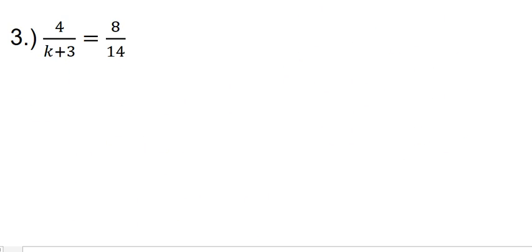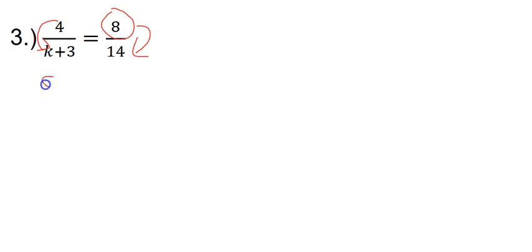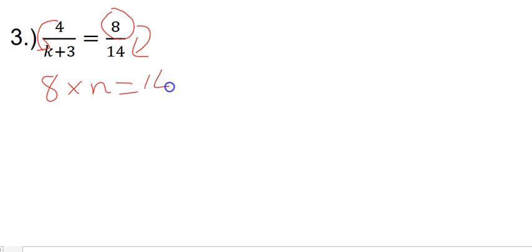All right, in this one, you can tell your sufficient number is 8. So we circle 8, and since 8 is up, we're going to go down. So 8 times what number would give 14?